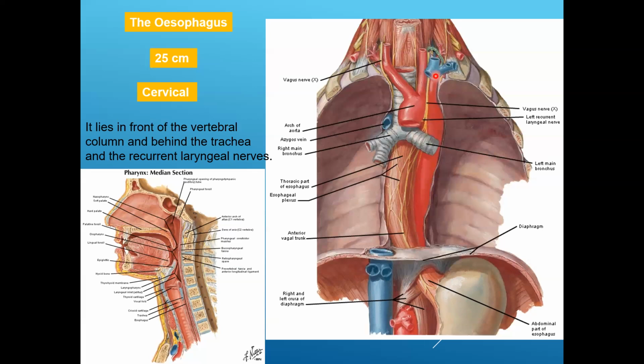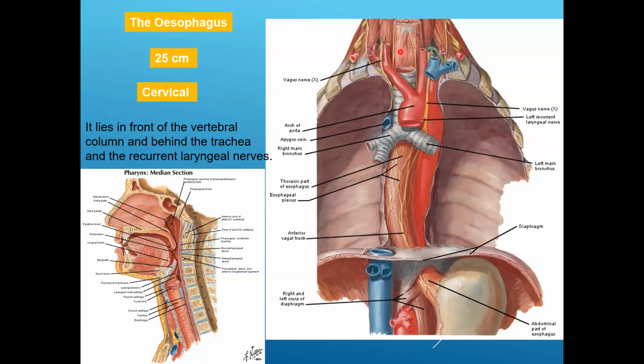The one on the left, this is the vagus, as it crosses the arch of the aorta, it remembers and sends the recurrent laryngeal nerve up on the left side. The right one is a bit smarter. It remembers earlier and gives the recurrent laryngeal nerve just below the subclavian artery here. But both nerves are sandwiched between the trachea and the esophagus.